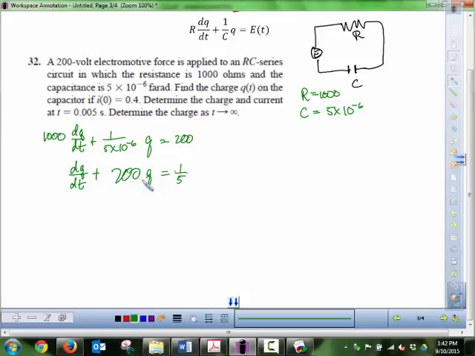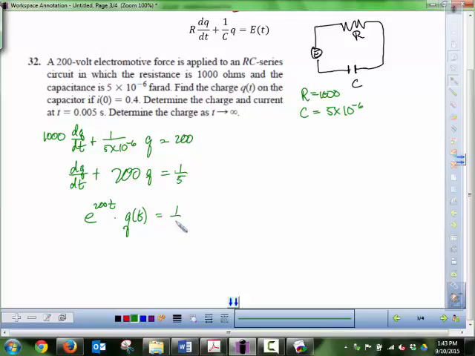So this is our differential equation. Back to the integrating factor business. Your integrating factor will end up being e to the 200t, right? And then we know that this left-hand side, after you do the integrating factor, will be a product of the integrating factor times the unknown function.